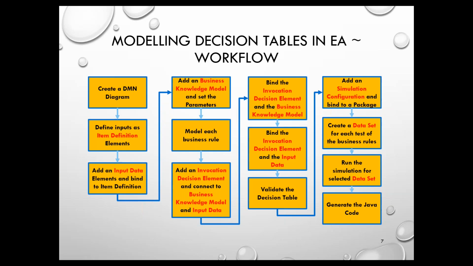And so you create the diagram, you define inputs, you add an input data, bind those together, model the decision table, you then invoke the decision table, bind all that together, validate. If you wish to simulate it, you add a simulation element, create some test data sets, run the data set, and generate the Java code.